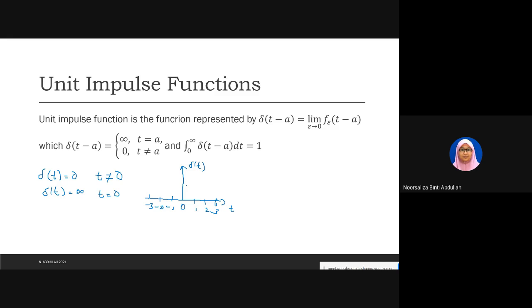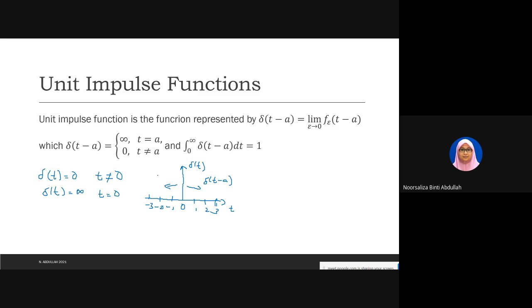If you shift this delta either to this side or this side, maksudnya kita anjakkan dia denyut ni ke kanan ataupun ke kiri. Let's say kita shift dia ke kanan, it will be delta t minus a.